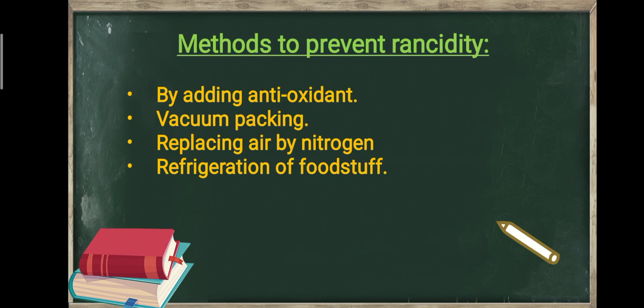And the fourth point is refrigeration of foodstuff. We should keep our food material in the refrigerator to prevent it from getting rancid. So these were the different methods of preventing rancidity.